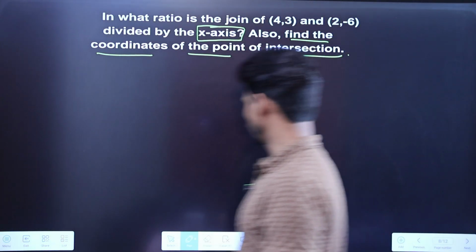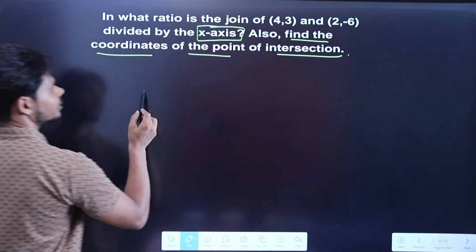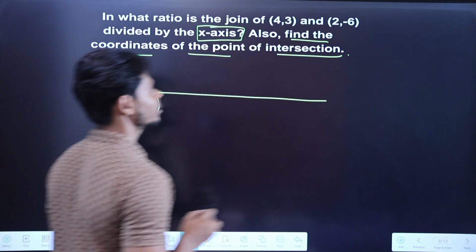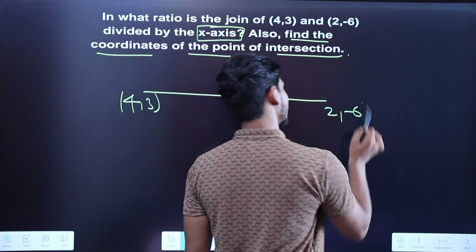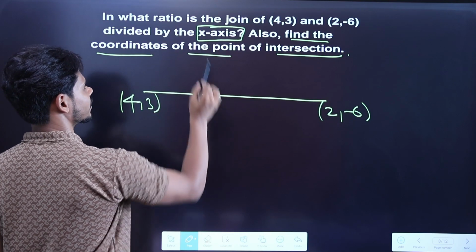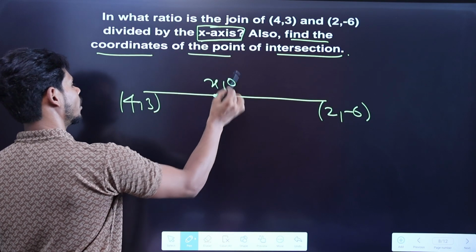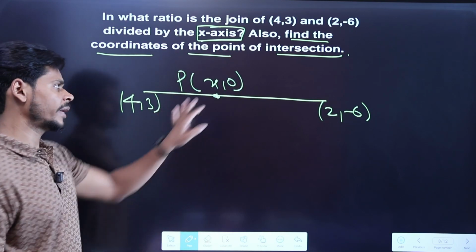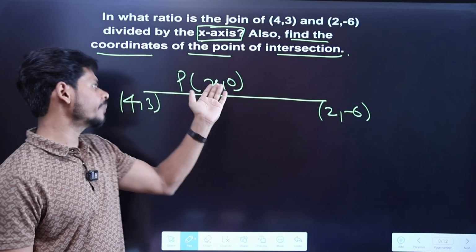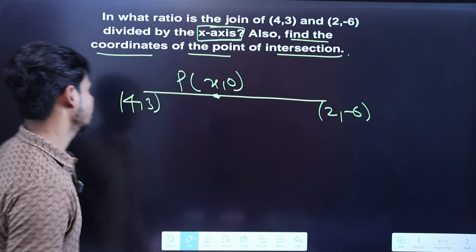Fine. So now let's first write the joining points, which are 4, 3, and another point 2, -6. And the dividing point is on the x-axis, right? X-axis means x, 0, and we need to also find the coordinates. This means after finding the ratio, again we will have to find the value of x, right?